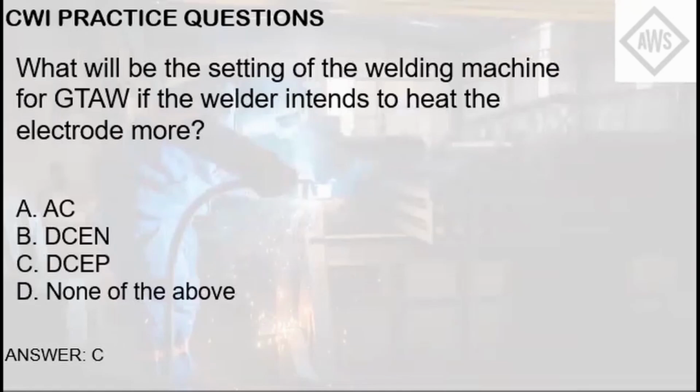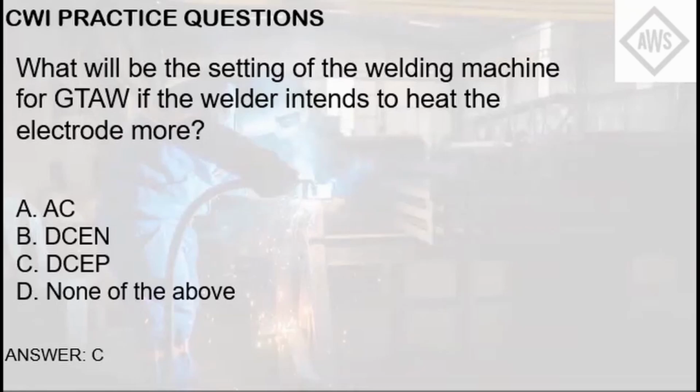You will also need to remember that DCEN is known as straight polarity, while DCEP is known as reverse polarity. You might want to know those nomenclatures for the electrical polarity of the welding processes, because the questions might not have the choices as DCEN or DCEP.